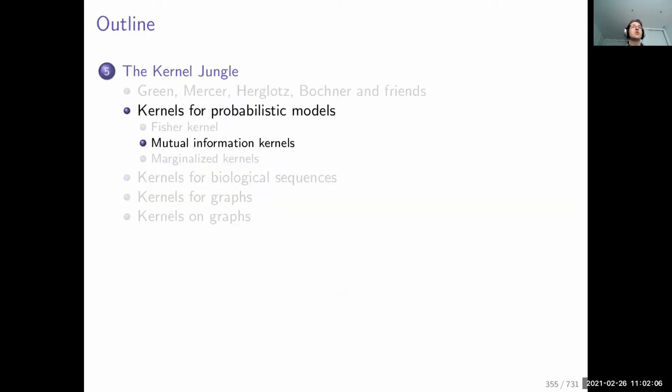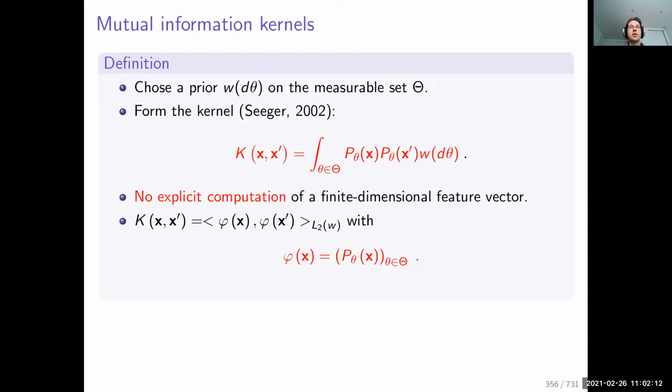So let us say very few words about other types of kernels that exist. They are not as popular as the Fisher kernel, but let us look at them. If you have a probabilistic model P theta, and you can write this sort of expectations, meaning you have a measurable set and so on, you can use a prior W of d theta.